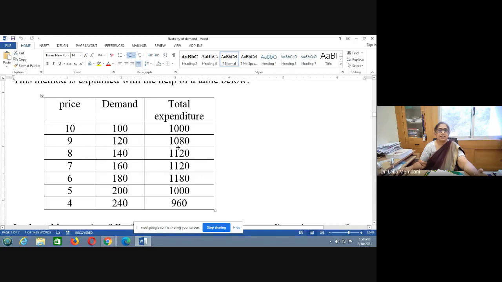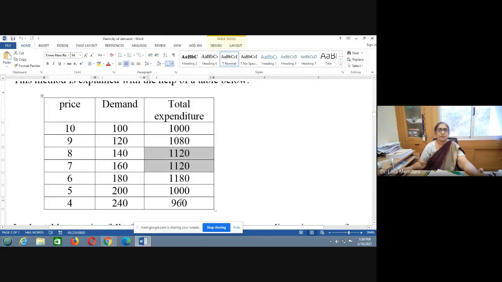So you see there is an increase in total expenditure, from 1000 to 1080. Again, here also it has increased to 1120 with the fall in price. So in this range, demand is said to be elastic, ED is greater than 1. Now, when the price falls from 8 rupees to 7 rupees, the total expenditure remains constant.